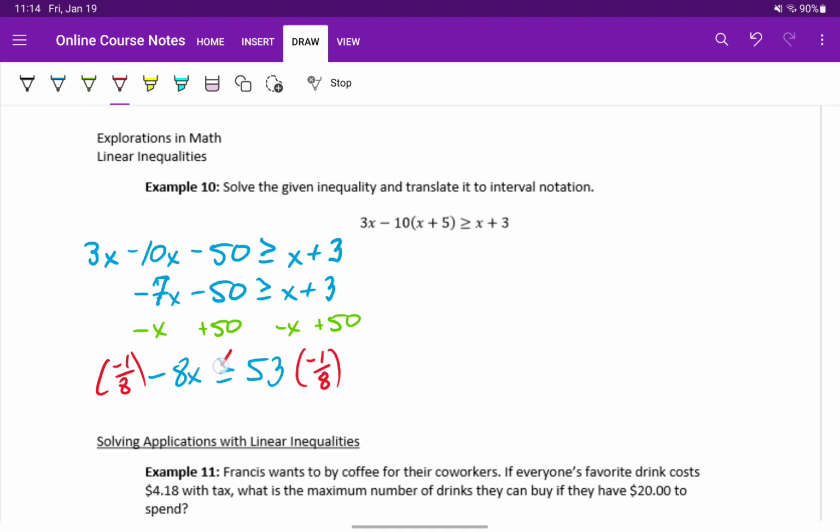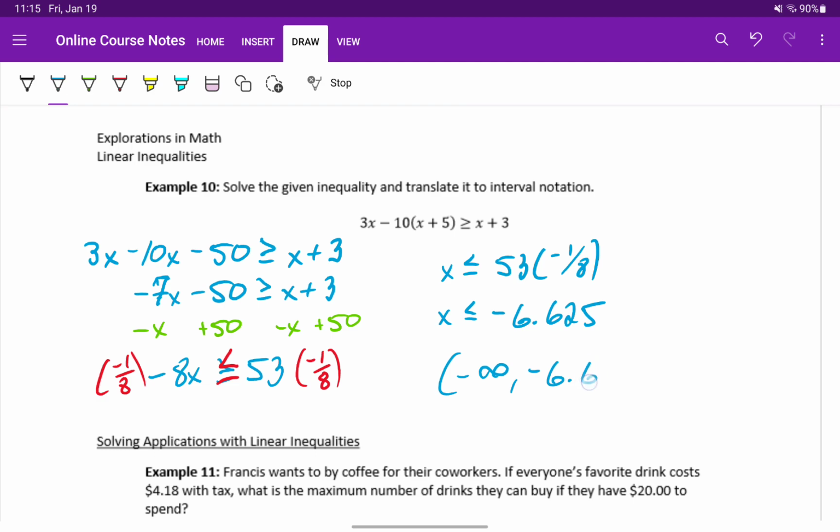Since we did that, we have to change the direction of that inequality statement, giving us x is less than or equal to 53 times -1/8, or x is less than or equal to approximately -6.625, which would translate into the interval -infinity to -6.625 with that square bracket, since we have that or equal to statement.